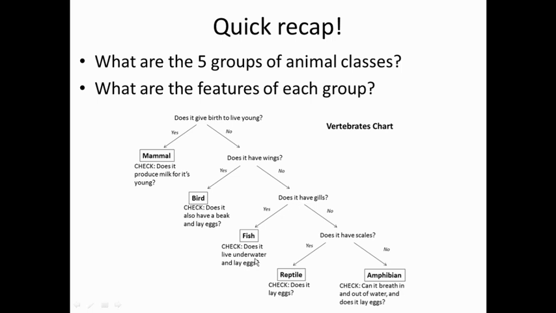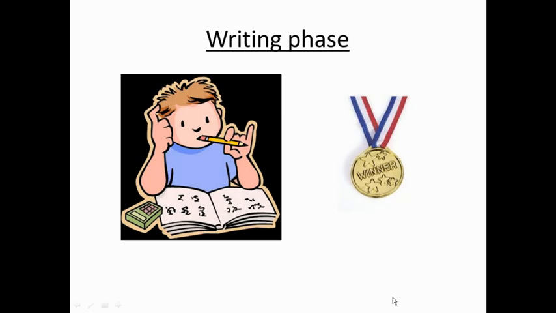Fish have gills, they live underwater and they lay eggs. Reptiles, they have scales and they lay eggs, but they live on land. And then we've got amphibians, which can breathe in and out of water, so they can live either in water or out of water, and they lay eggs.